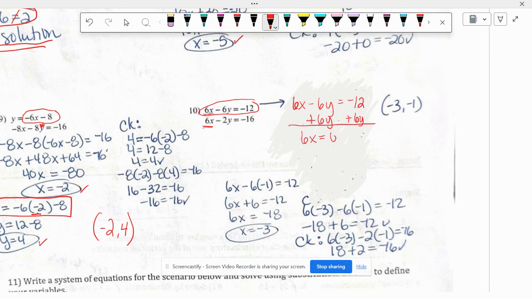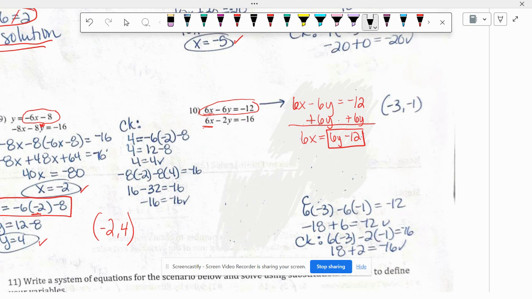6x equals 6y minus 12. So then I take the fact that 6x equals 6y minus 12, and I substitute it in right here. 6x minus 2y equals -16, but 6x is really 6y minus 12, so 6y minus 12 minus 2y equals -16. 6y minus 2y is 4y. 4y minus 12 equals -16.